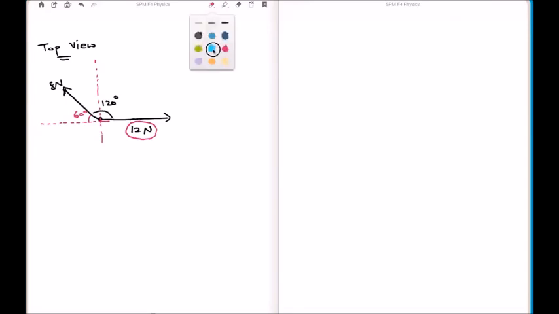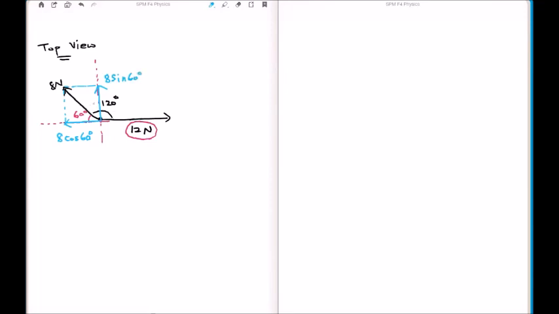If you drop a perpendicular line from here, this magnitude to the left would be 8 cos 60. How do you know it's cos? From here to here is cos. Therefore this one here is equivalent to here, no doubt, that will be 8 sine 60.